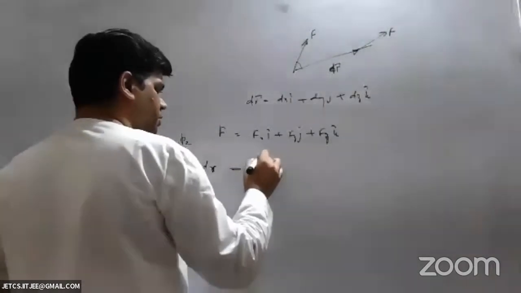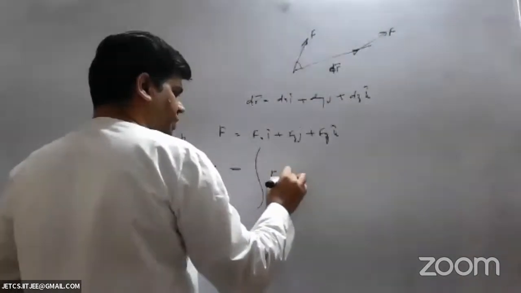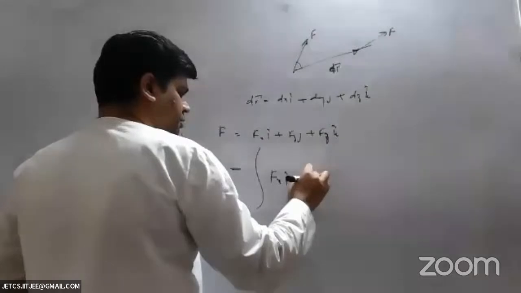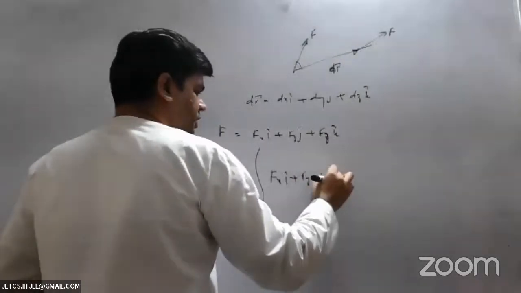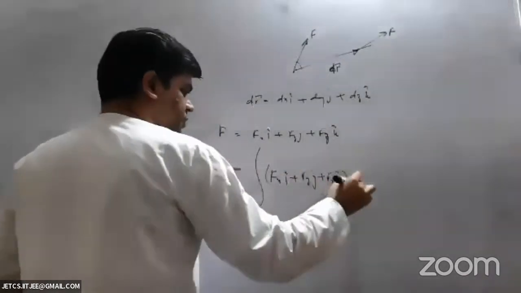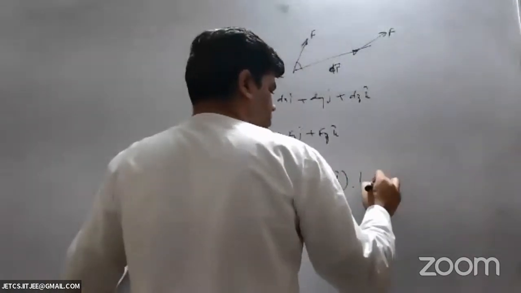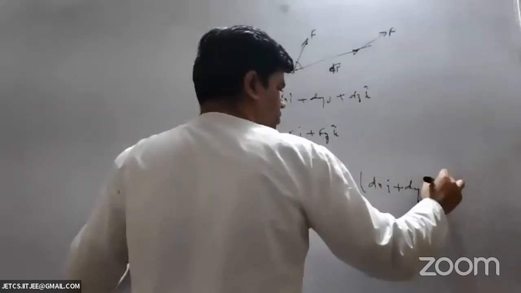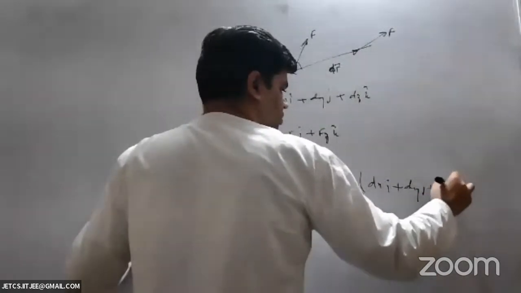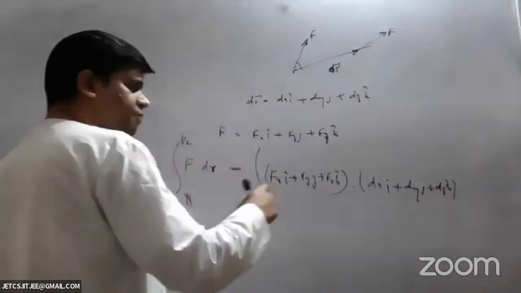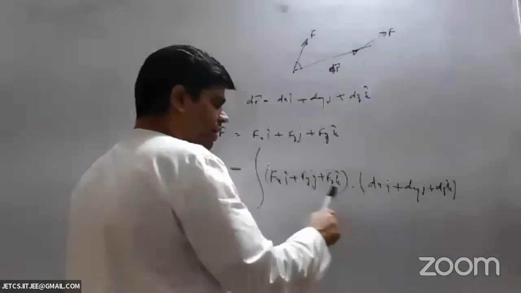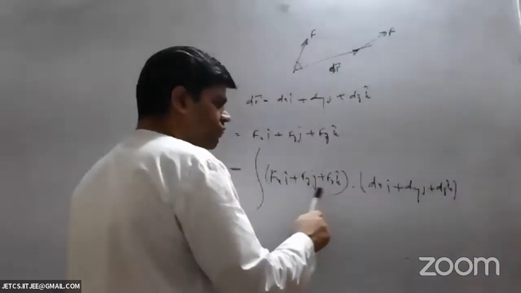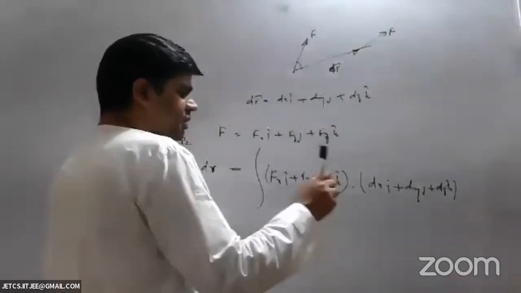Now, which is equal to integral of (fx i cap plus fy j cap plus fz k cap) dot (dx i cap plus dy j cap plus dz k cap). How do I do the dot product of two vectors? I'll multiply the corresponding coefficients of i, j and k and add them up.